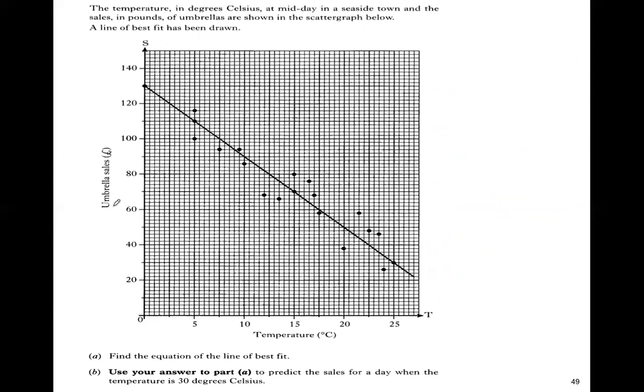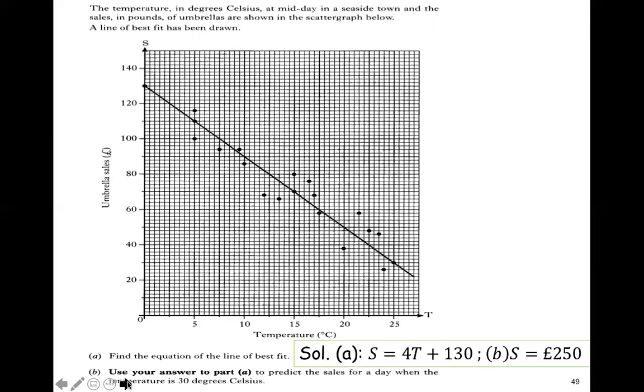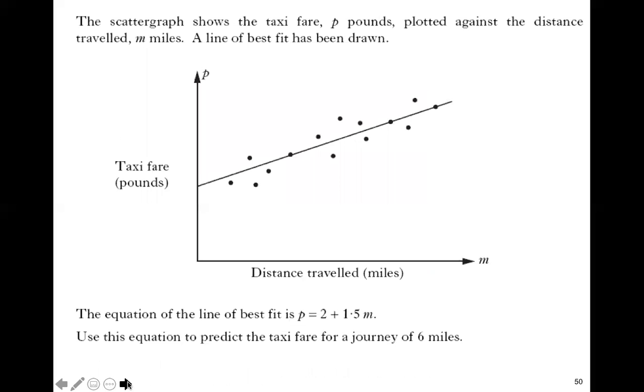This one is like the sales of umbrellas as temperature increases. So you can see you've got a negative correlation. You'll sell fewer umbrellas when the weather is nice. And then you can answer this type of question. The next one, taxi fares. That's the past paper question, a taxi fare with regard to the miles traveled.